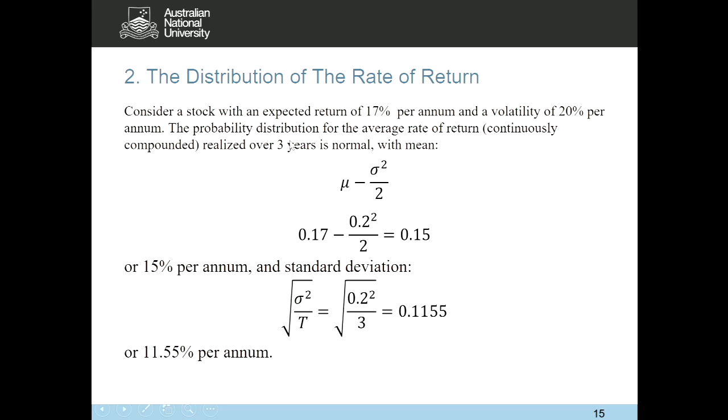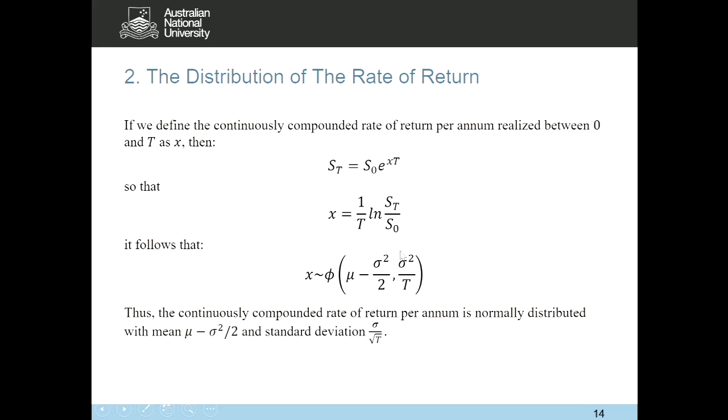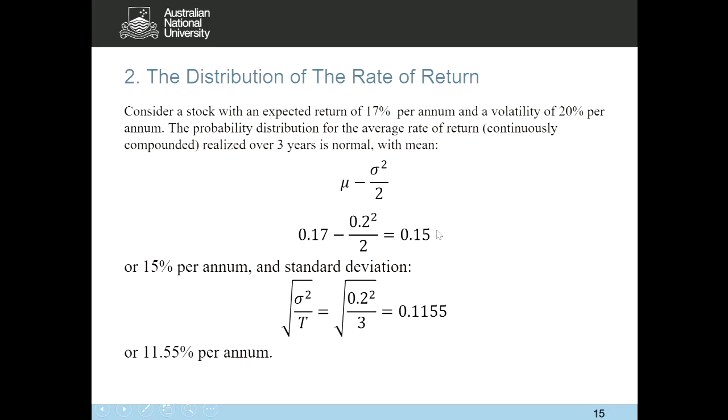So here is the example. Consider a stock with expected return of 17% per annum and a volatility of 20% per annum. So the probability distribution for this average rate of return continuously compounded, realized over 3 years is normal. Then we can use this formula here to calculate the mean for the rate of return.